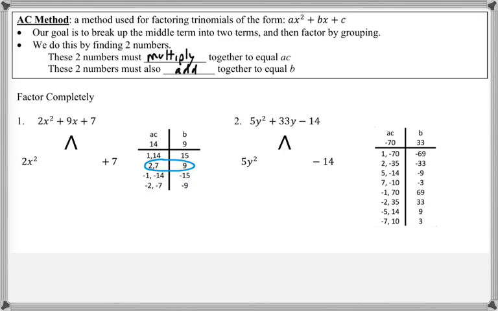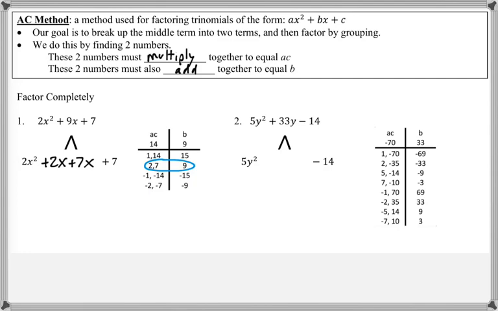So those are the numbers that I'm going to use. And that's when I'm going to break up this 9x. So instead of writing 9x, I'm going to write 2x plus 7x. So I'm splitting up my middle term into two terms.